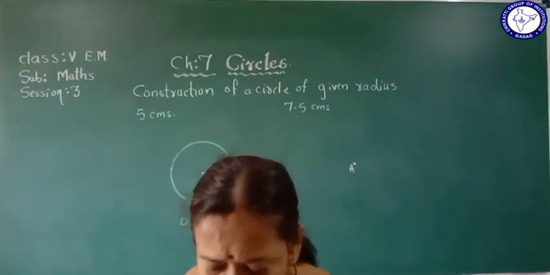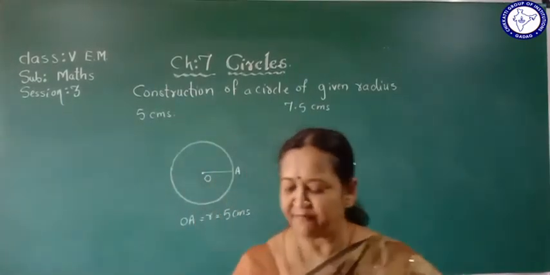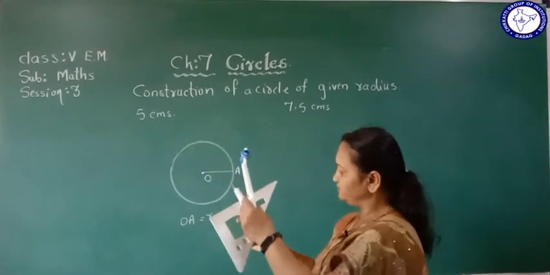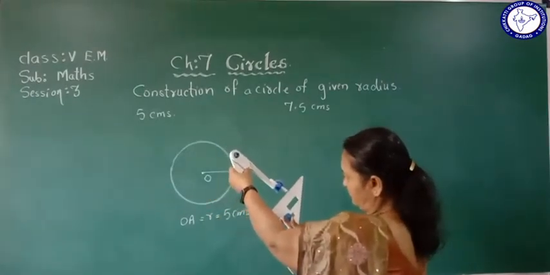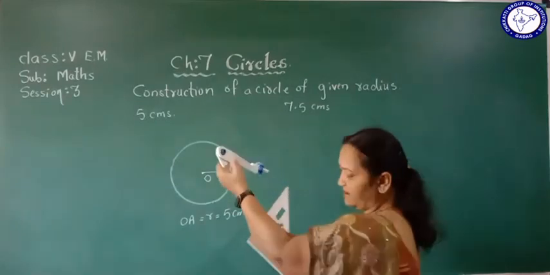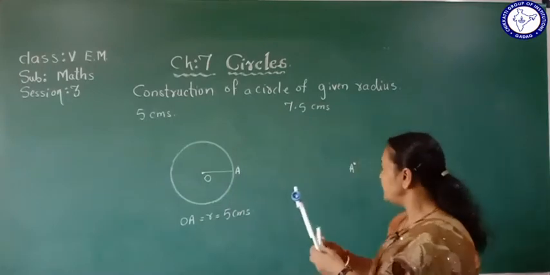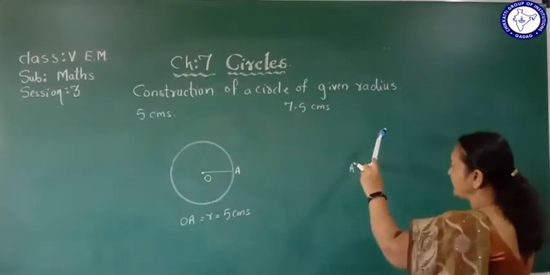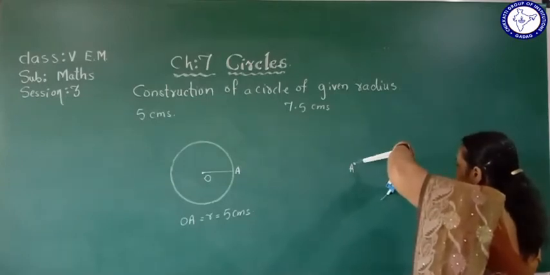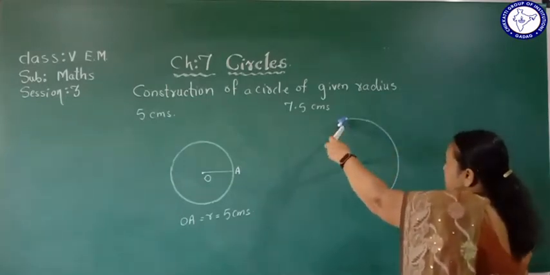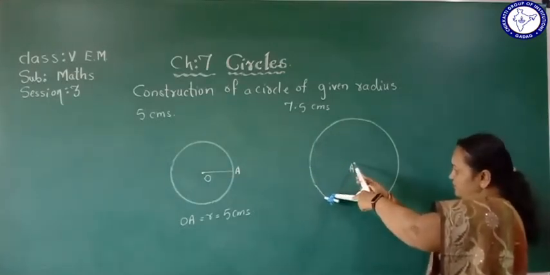Then again with the compass take a measurement of 7.5. Now this is 7.5. Now keep your compass on point A and in one direction draw a circle.